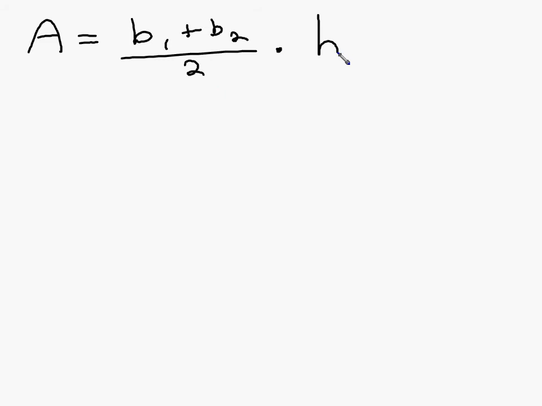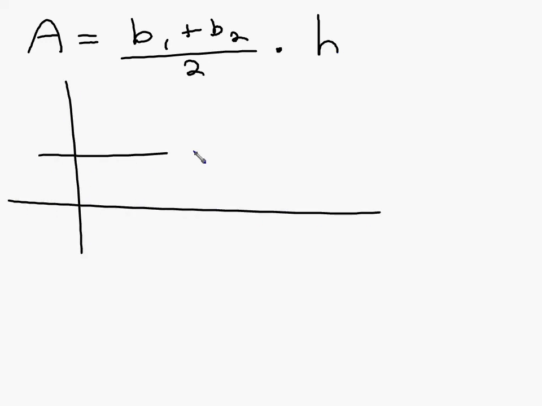So, if you remember, the area of a trapezoid is the average of the bases, base 1 plus base 2 over 2, times the height. And if we think of how this would work out in terms of an actual function, and I'm going to try to keep this explanation as short as I can, let's say this is my first endpoint right here, x sub 0.